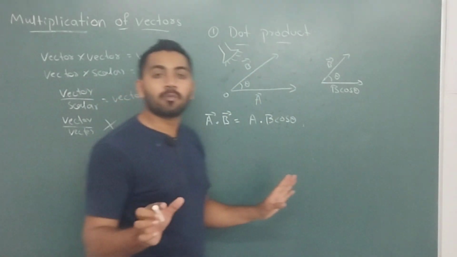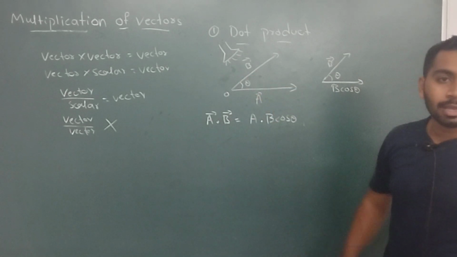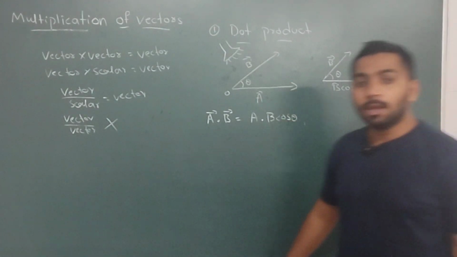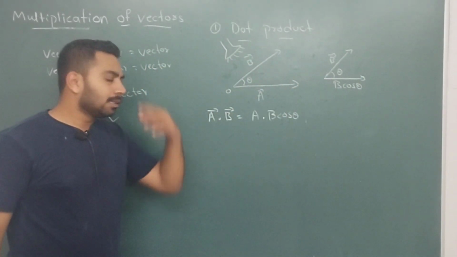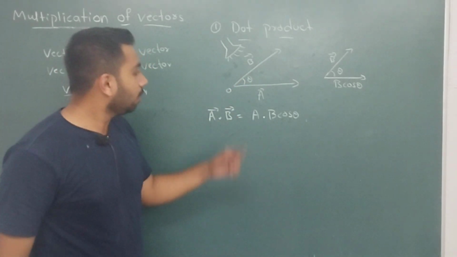It's just projecting B on A, or you can say the component of B on A. This is not the only case, you can project A on B also. That time also the same will happen, with the angle there. Projection of B on A.